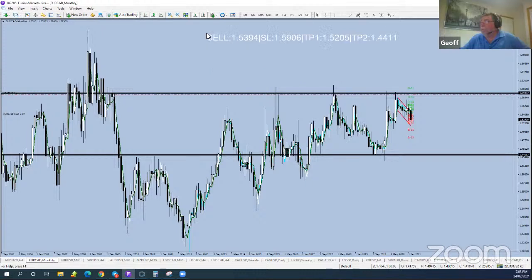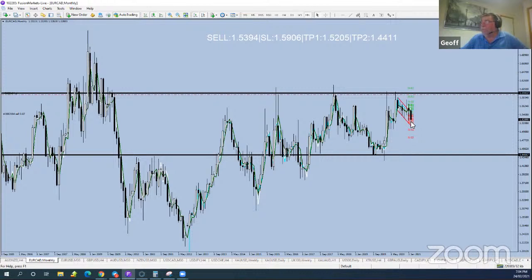So we sold at 1.5394. We're now at 1.5290, but that's still 85 pips from where we need to be for our first take profit. Well, 89 now, getting closer.